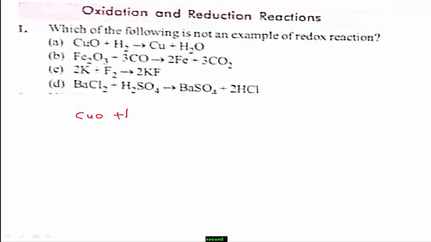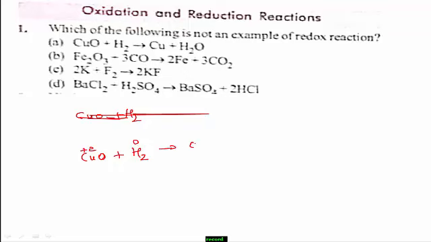When we observe the given options, in option A, they gave CuO plus H2. Once again I write here CuO plus H2. Here the copper oxidation state is +2 because the oxidation state of oxygen is -2, right? Therefore copper is +2, and in molecular form H2 the oxidation state is 0.